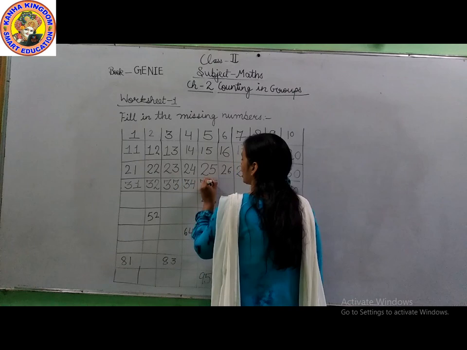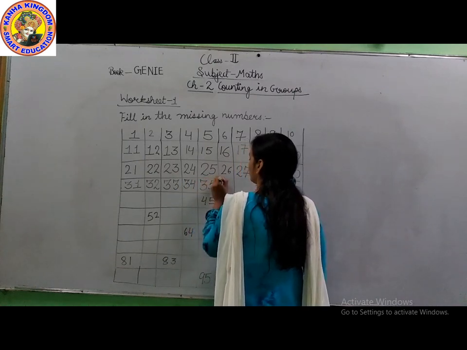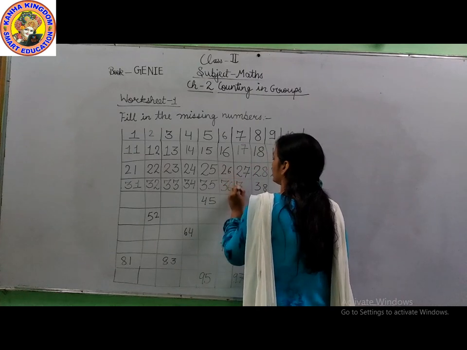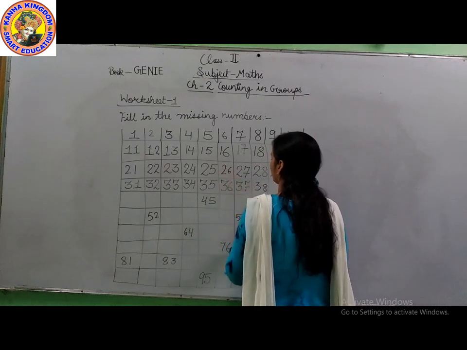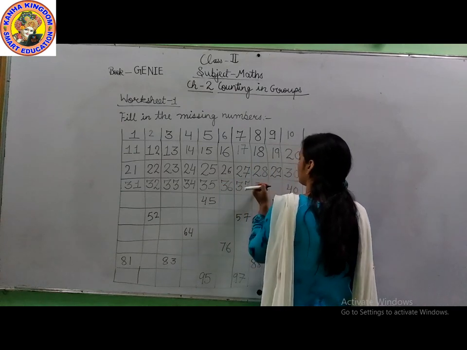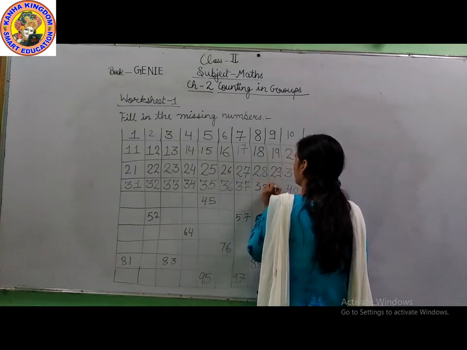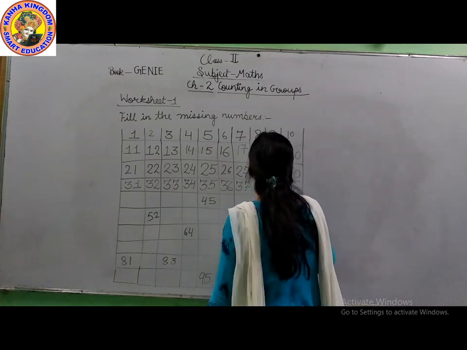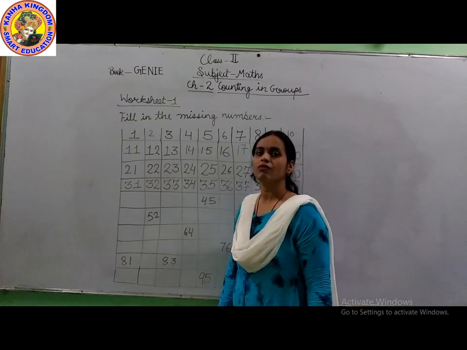Then 35. Then 36. Then 37. Then 38. And what comes between 38 and 40? 39. Now what comes after 40?